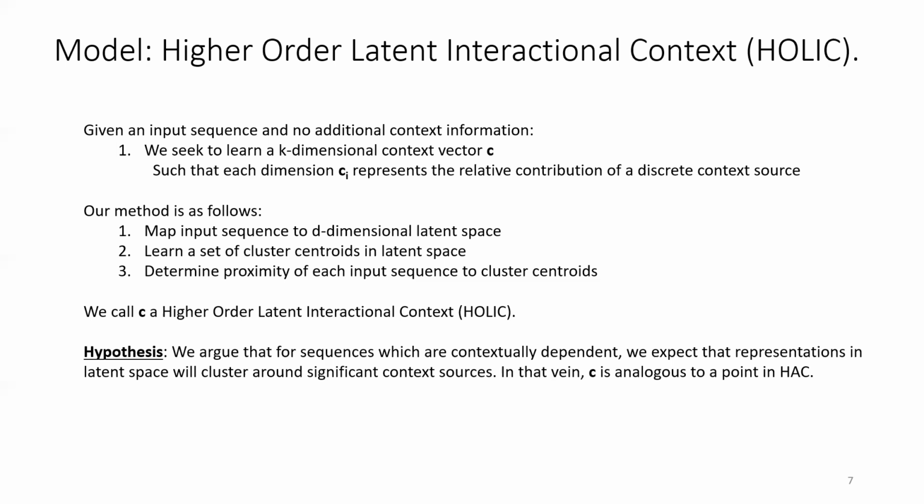We call C a higher order latent interactional context. Now, we argue in this work that for sequences which are contextually dependent, we expect that representations in latent space will cluster around significant context sources. And in that vein, C is analogous to a point in HAC.